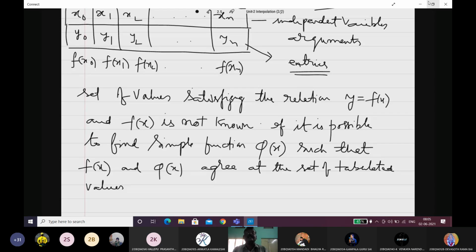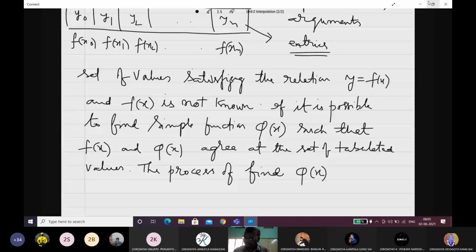Here f of x is the relation and it is not known, and it is possible to find some other function pi of x, and these two functions satisfy all the points. Then the process of finding pi of x is called interpolation.